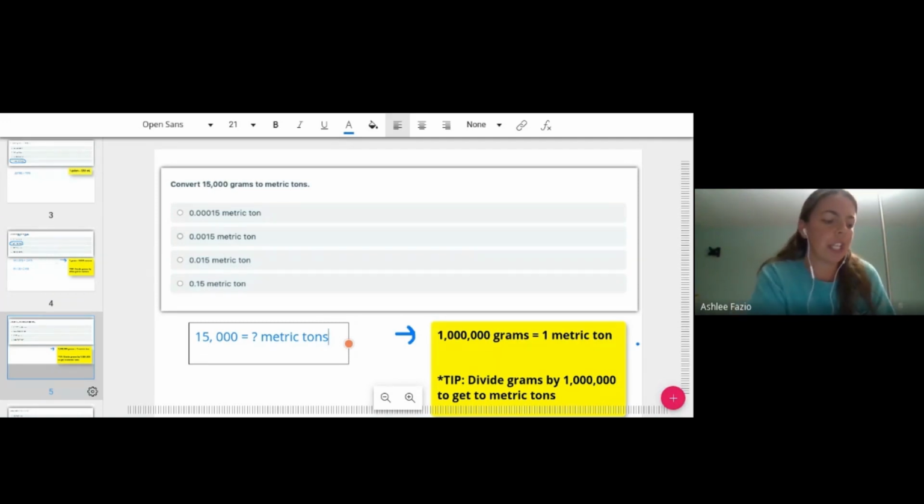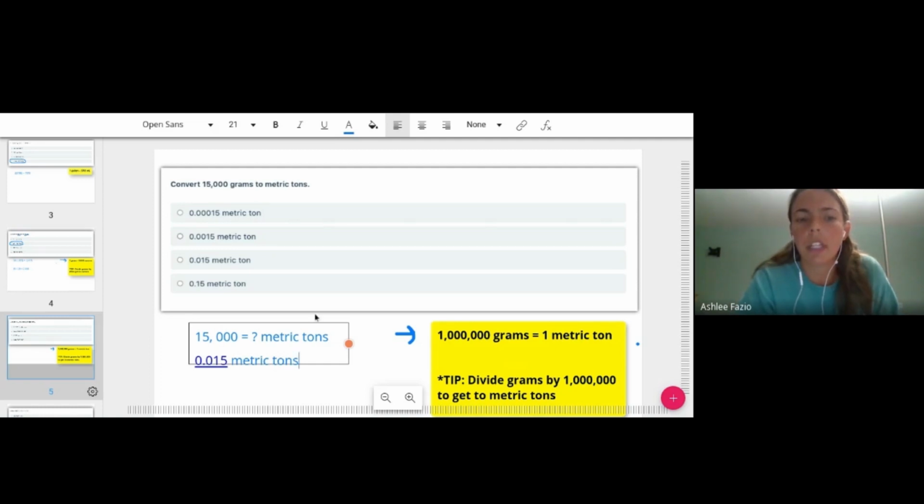So if I take 15,000 and divide it by 1 million, when you're putting it in your calculator, be careful. Make sure you get all of those zeros because you'll notice in this question, the place value is super important. 1 million has 6 zeros, and we get 0.015 metric tons.